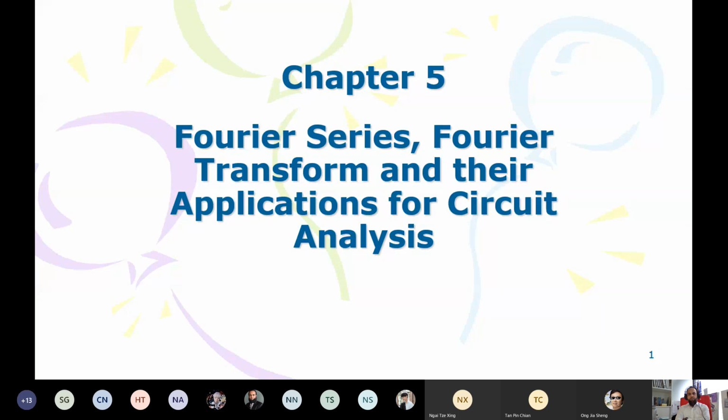Then we started using Laplace. We use Laplace because it's a bit convenient to solve the circuits in frequency domain. Reasons being the solution of differential equation and convolution. Two things are there that are not easy in time domain, but in frequency domain is much easier.